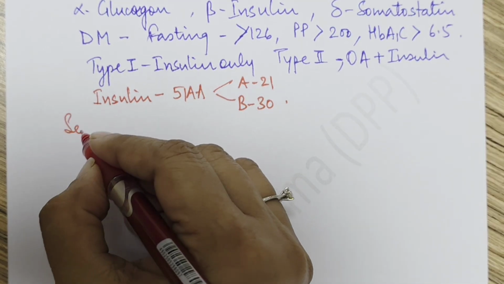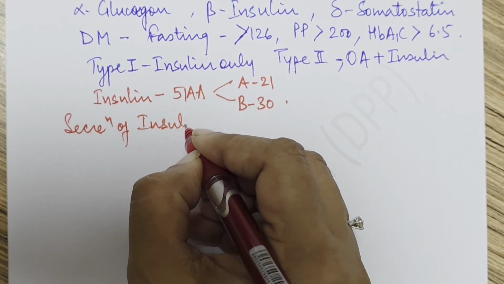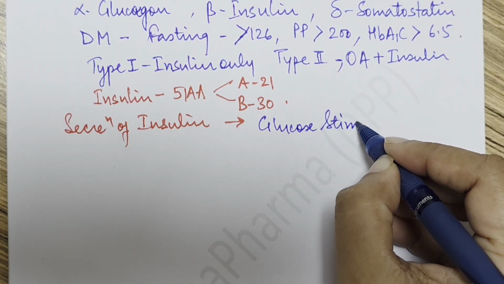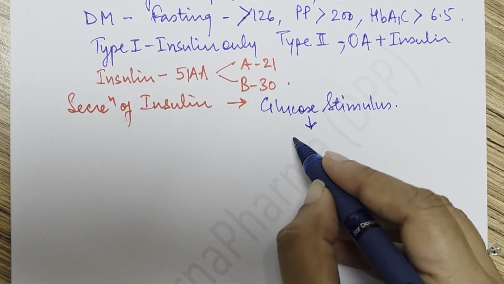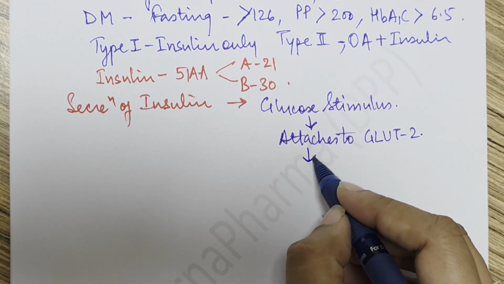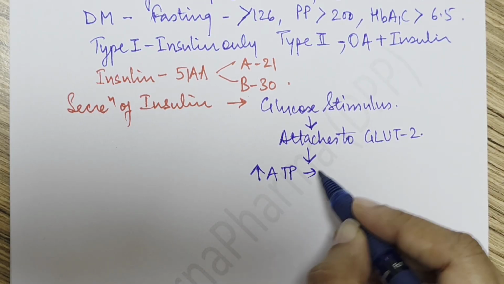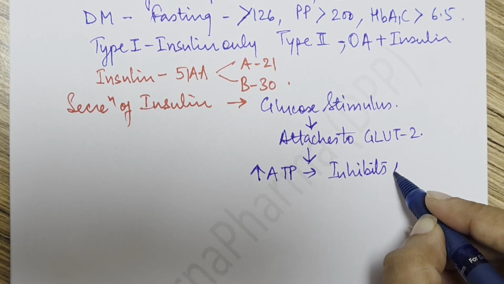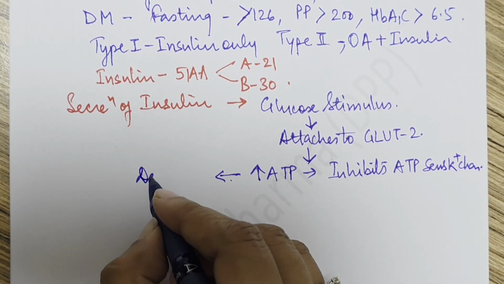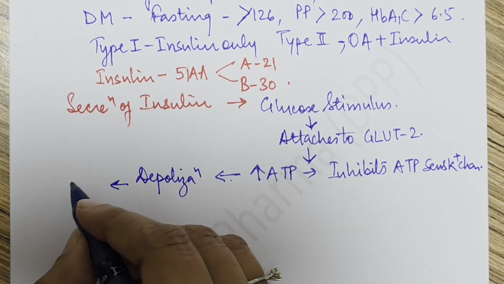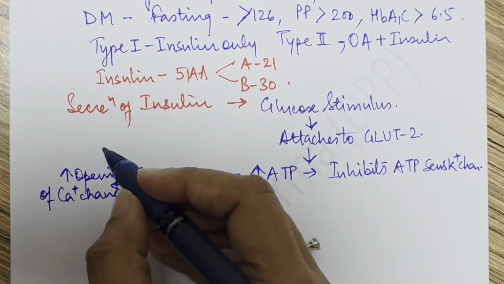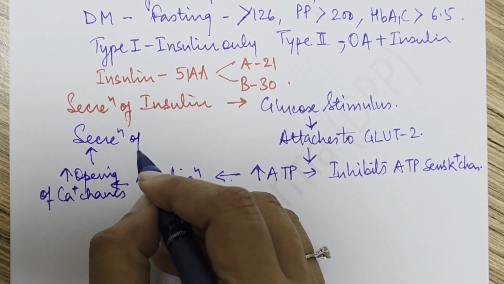How is insulin secreted? Secretion of insulin depends upon the stimulus. Glucose is the stimulus. It attaches to GLUT2, that results in increased ATP, and that inhibits the ATP-sensitive potassium channels. As a result, there is depolarization and opening of calcium channels, and this results in secretion of insulin.